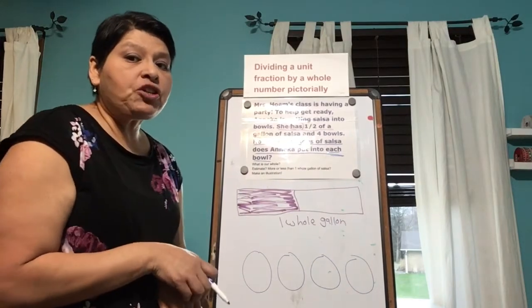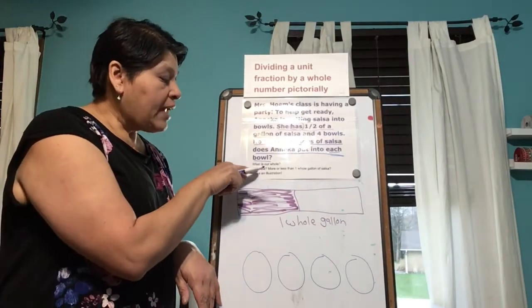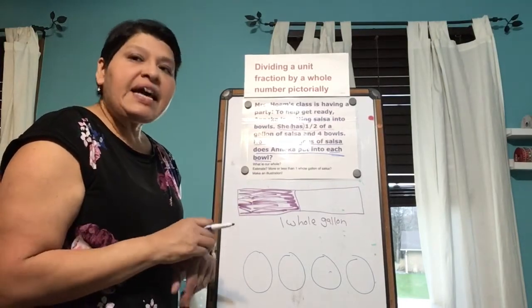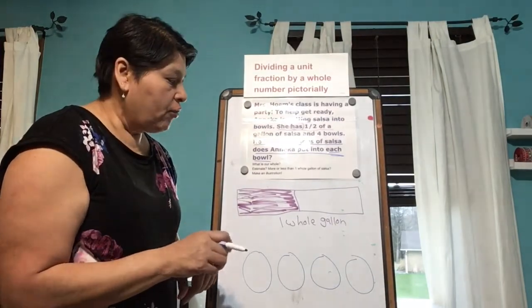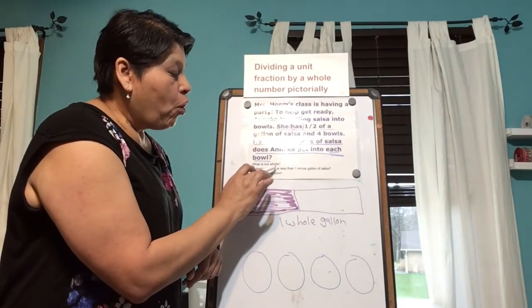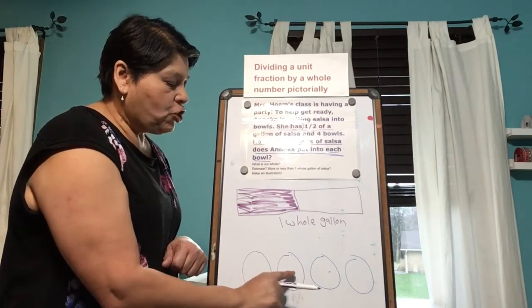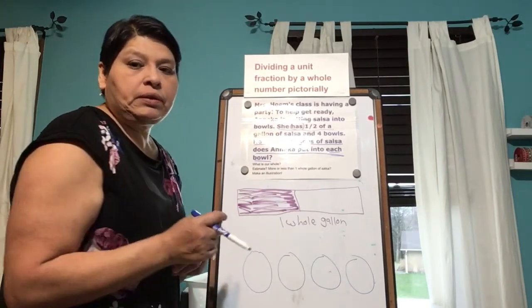This is just a picture to show you what that means. Let's go to our next question. Let's estimate now before we solve. Is she going to have more or less than 1 whole gallon in each of these bowls?